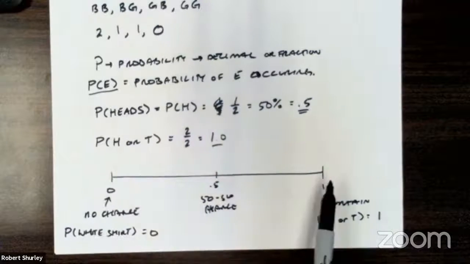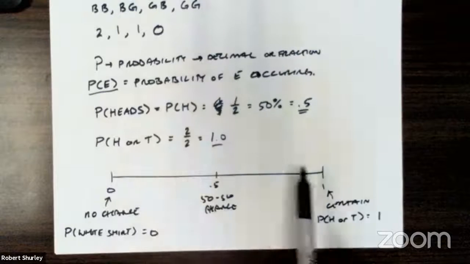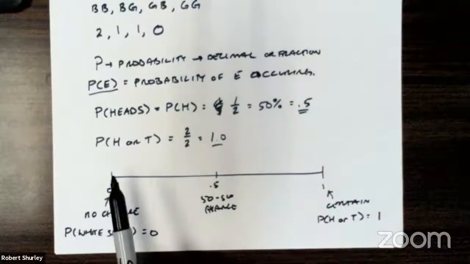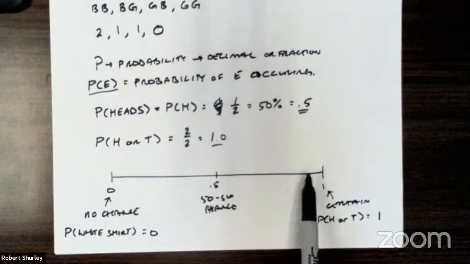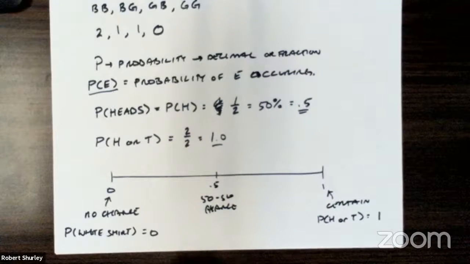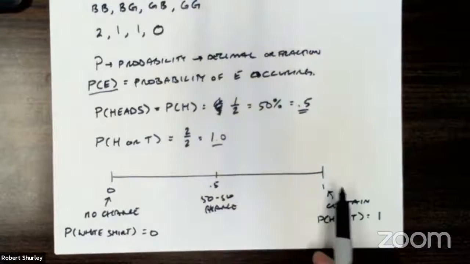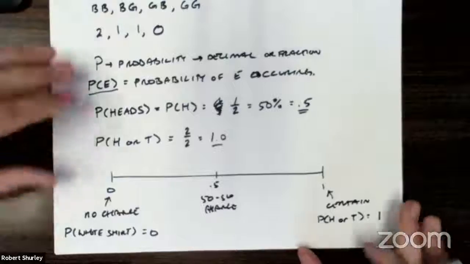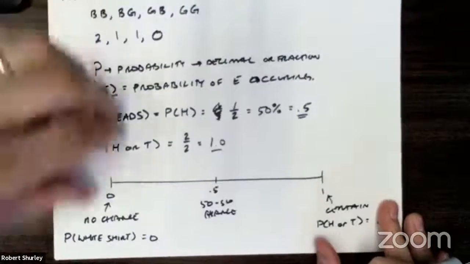Because think about this, this is just percentages, right? 0% chance, 100% chance. The closer we get to 1, the more certain it's going to happen. The closer we get to 0, the less certain it's going to happen. Okay, and it's very, very straightforward. That's the definition per se.